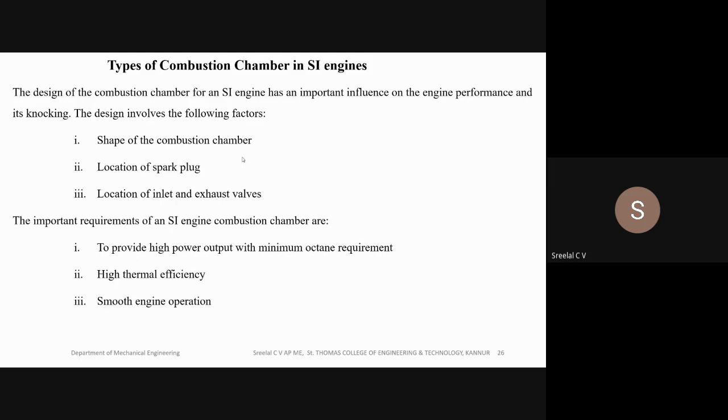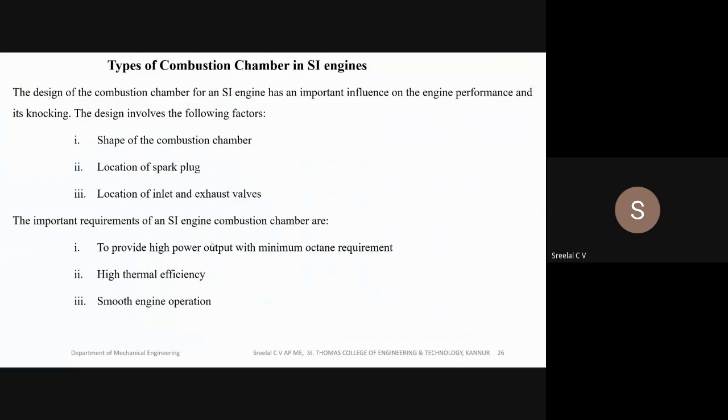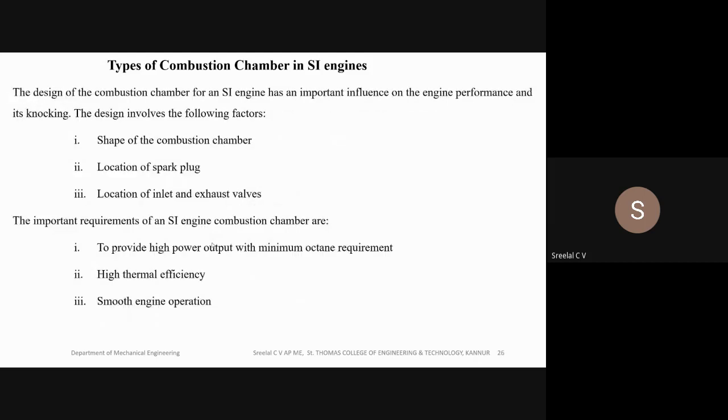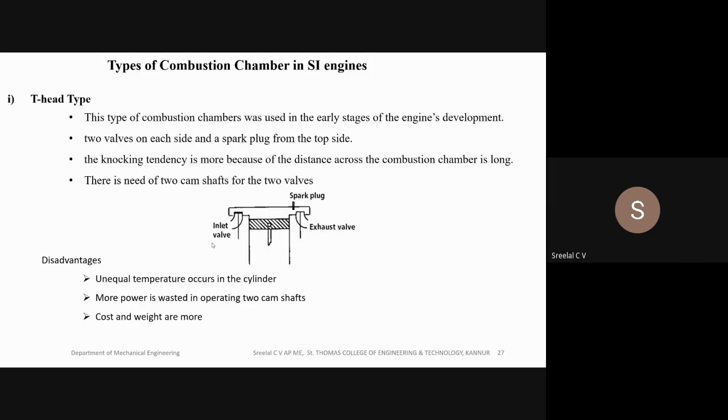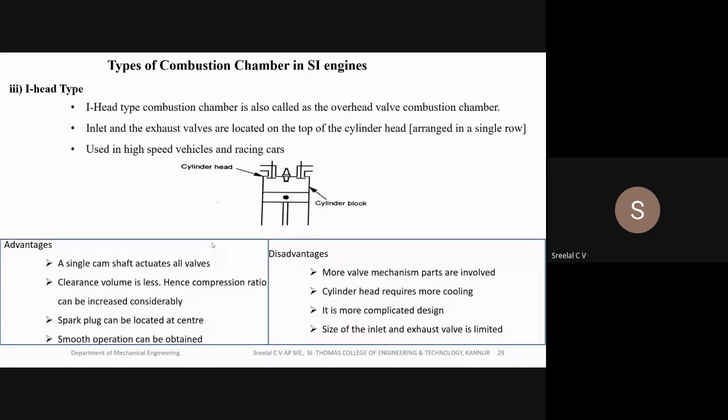The three main factors are the shape of the combustion chamber, the location of the spark plug, and the location of the inlet and exhaust valves. We described four types of combustion chambers: T type or T-head type, L type, I type, and F type.